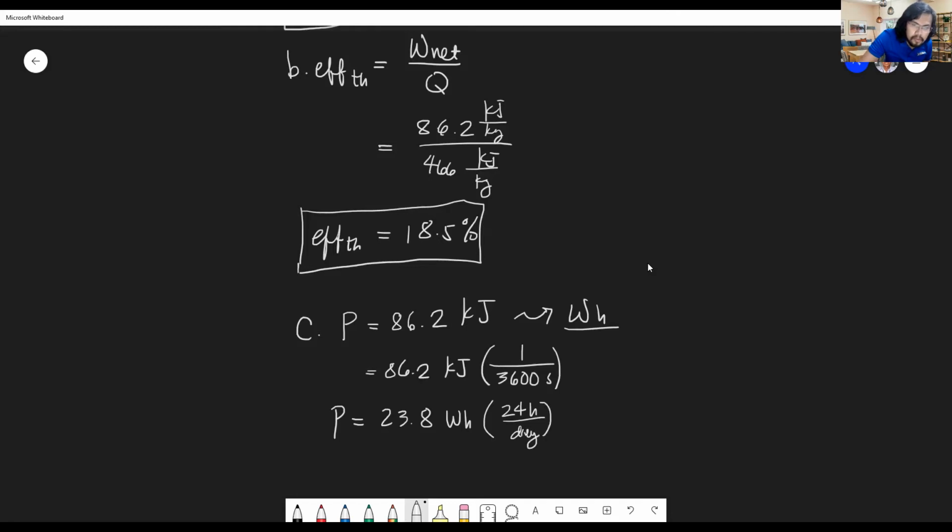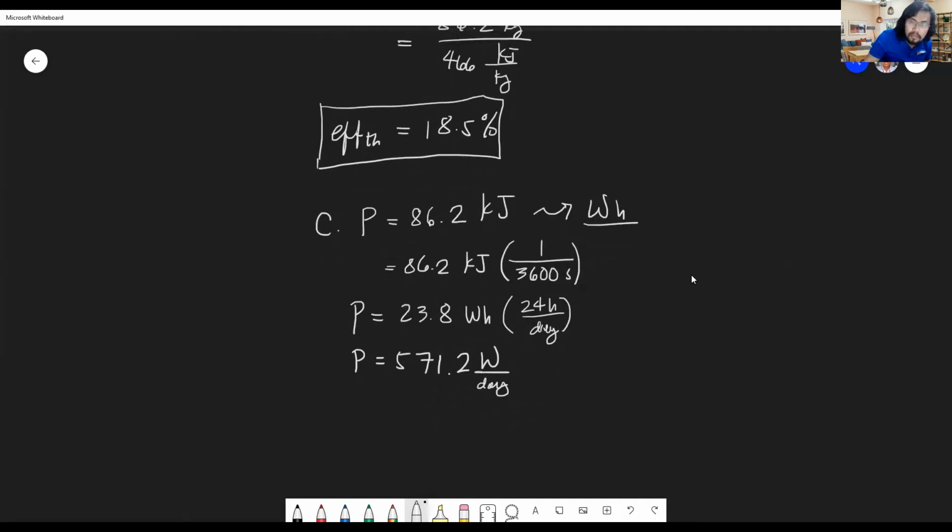So we have 23.8 times 24, so it's going to be 571.2 watts per day. Again, it's on a per kilogram basis, per kilogram per day.